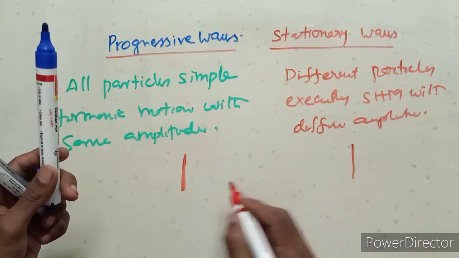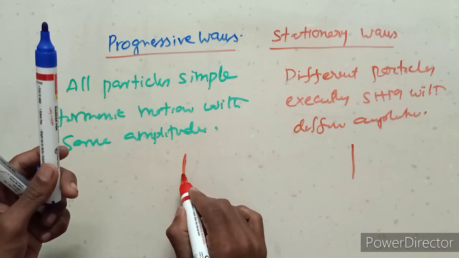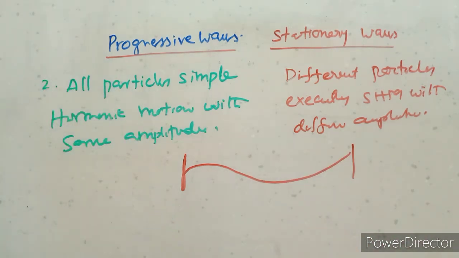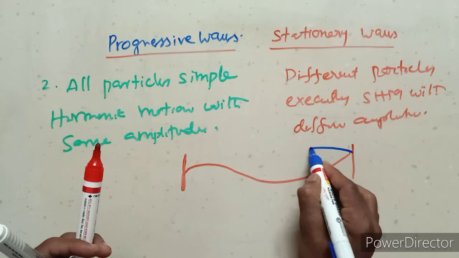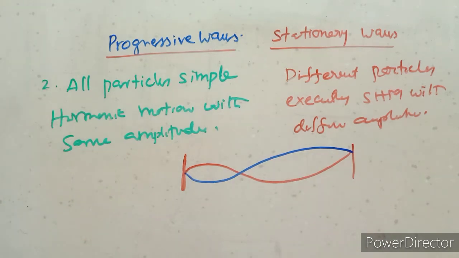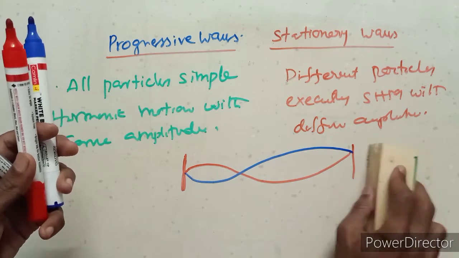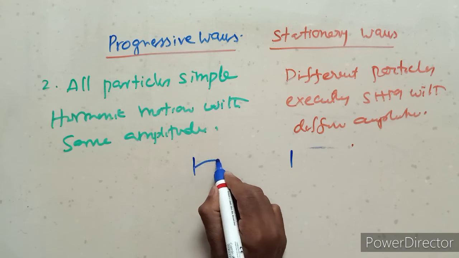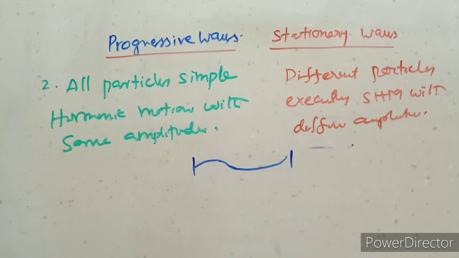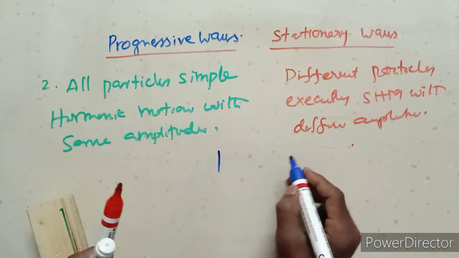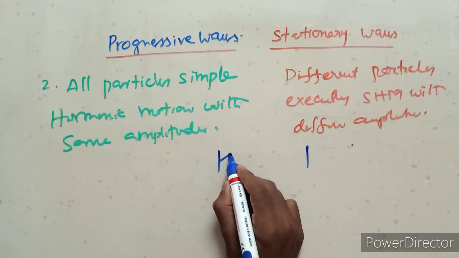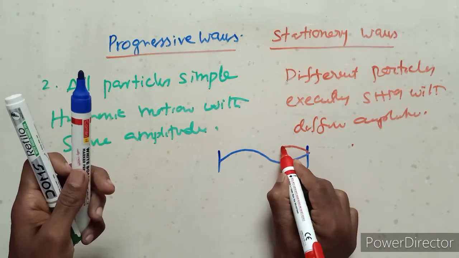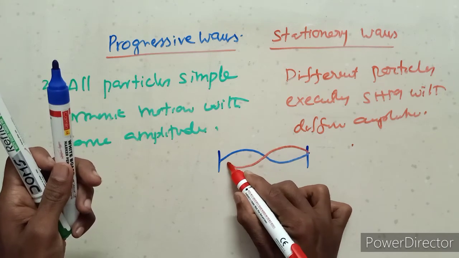This is the string with two fixed ends. One wave moves in this direction, another in the opposite direction, and they superpose.